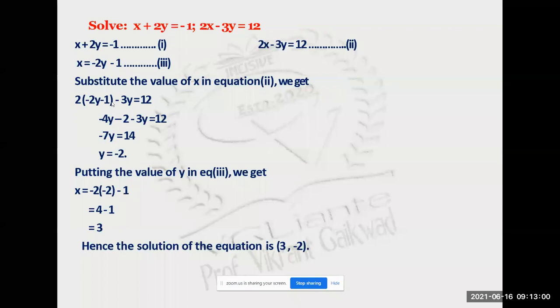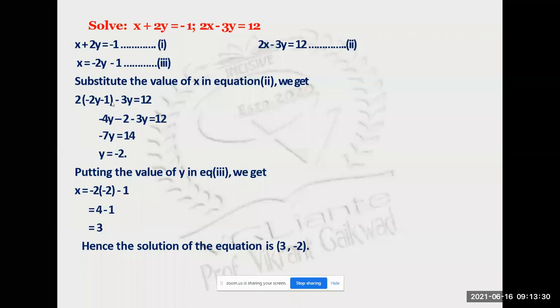Remember, check. You have written the two equations. You write the first equation as the value of x in terms of y, so x equals minus 2y minus 1. And you substitute that in equation 2. After substitution, the equation is written as 2 into minus 2y minus 1, minus 3y equals 12.